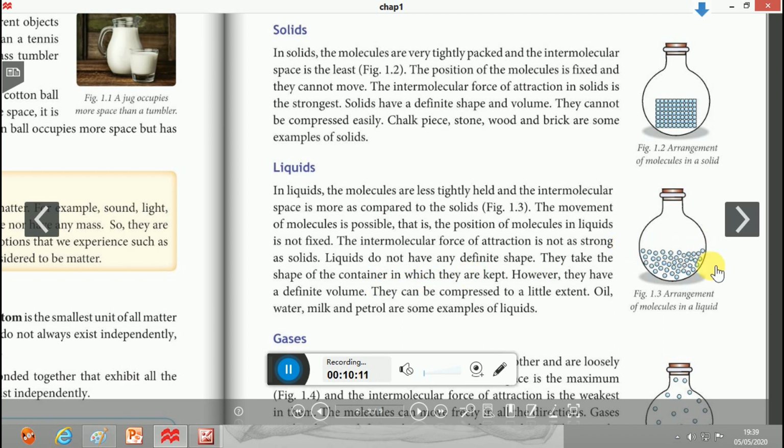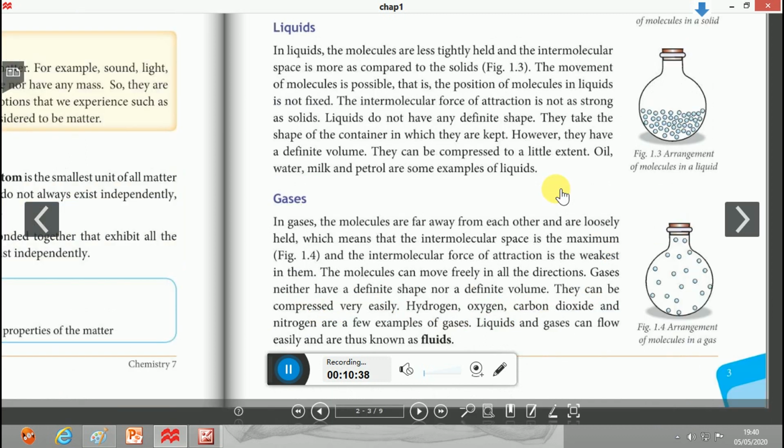Liquids don't have any definite shape because the movement is not restricted, which is the case in the solid. Since the movement is restricted, the solid has a compact shape and definite volume also. Liquids can take the shape of the container in which they are kept, however they have a definite volume.